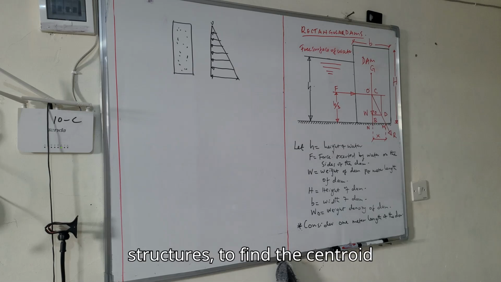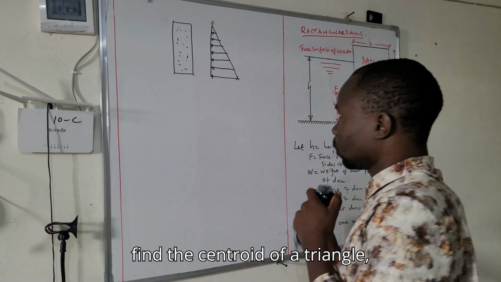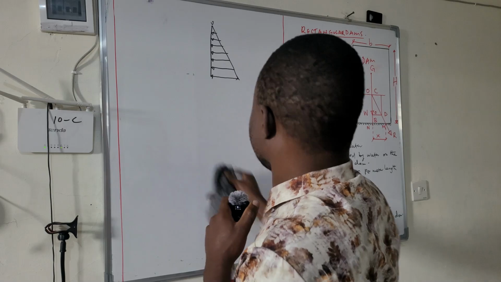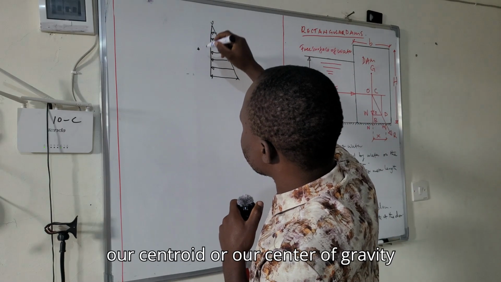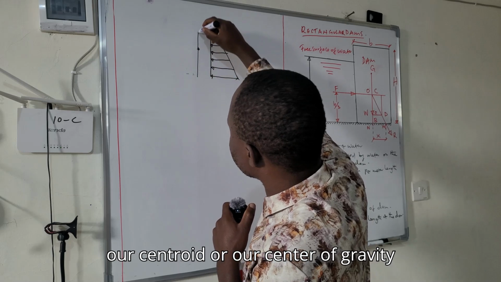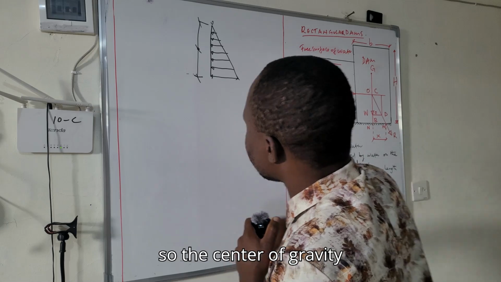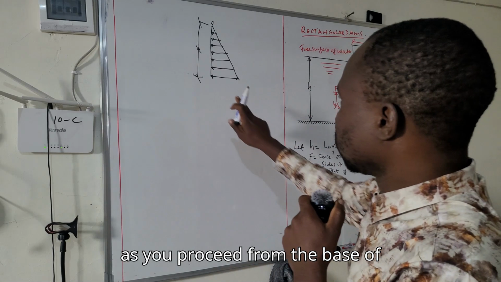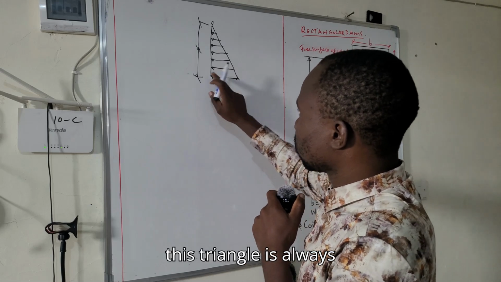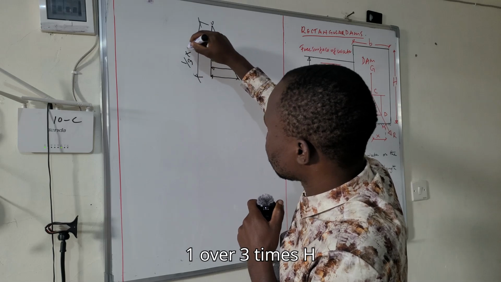And in structures, to find the centroid of a triangle, let's assume that is our centroid or center of gravity. The center of gravity, as you proceed from the base of this triangle, is always 1 over 3 times h.